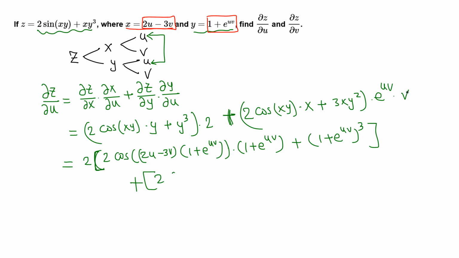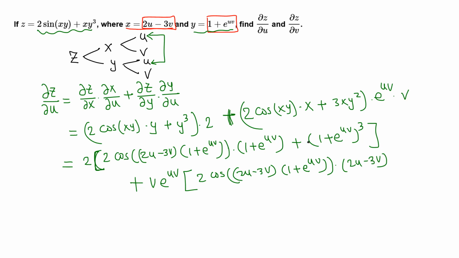same thing here, 2, we can put this in the front, they are already in terms of u and v, so v times e raised to uv outside, 2 cosine xy, x is 2u minus 3v, y is 1 plus e raised to uv, that's the cosine xy times x, and x is 2u minus 3v.